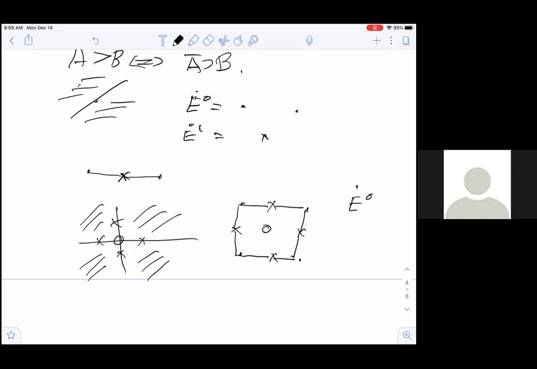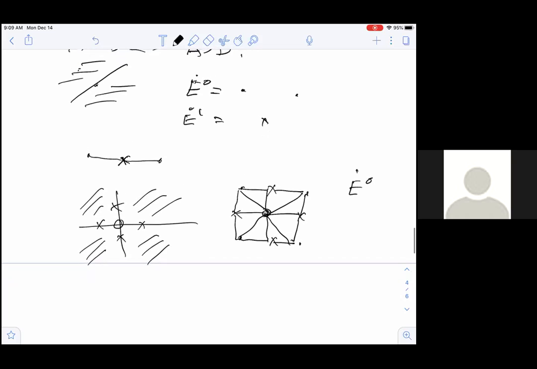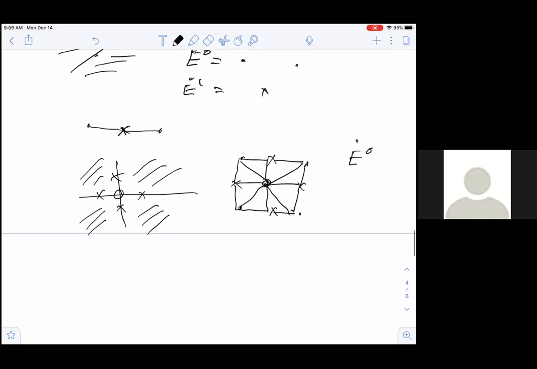This guy is connected to everything because it's in the closure of every stratum. So this is what we get for the simplicial complex for the product of these 2 very simple stratifications.